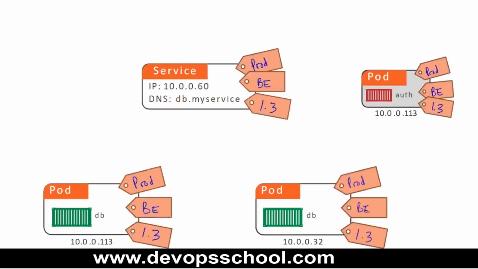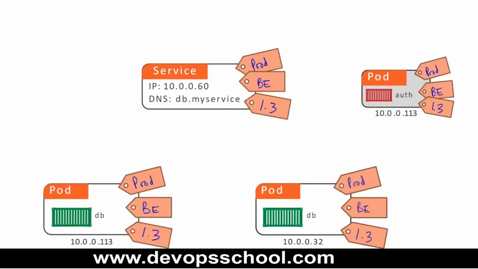If you look at this, you have a service, and the service is labeled with prod B 1.3. Now if you look at the pods, they are also labeled prod B 1.3. If you look very carefully, the bottom pod has the right container, which is DB.